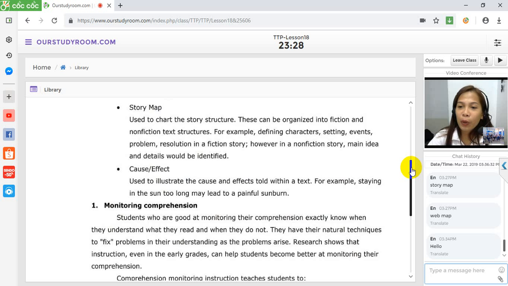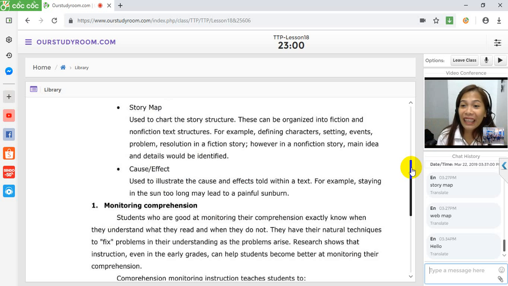Okay. So in that way, teacher, you are also checking the comprehension level of your students, right? By asking questions, you want to know if they understand the selection, the story, or what they are reading.